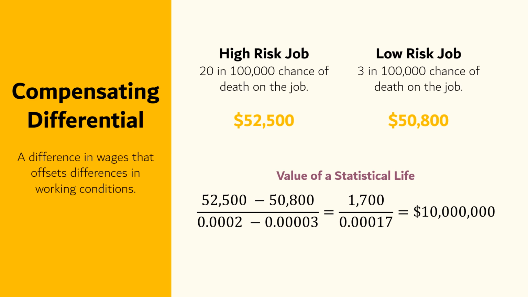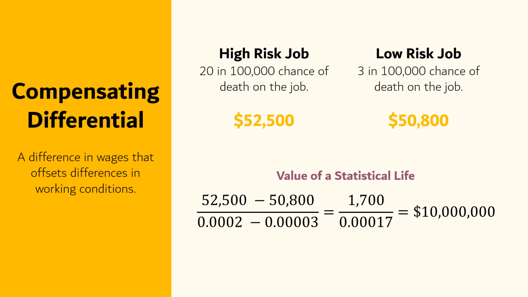A 3 in 100,000 chance of death works out to a probability of 0.00003. So the difference between them is 0.00017. Workers in these markets are willing to accept a 0.00017 increase in chance of death, or a 0.017 percentage point increase in their chance of death, in exchange for $1,700.